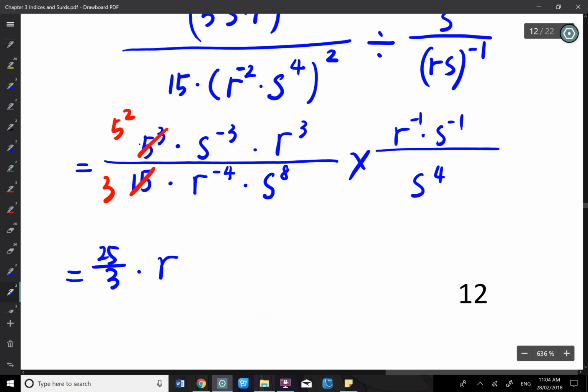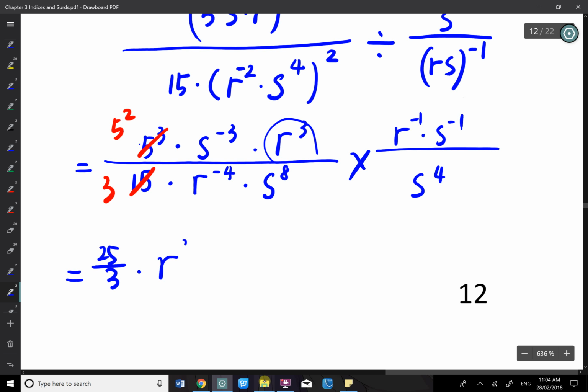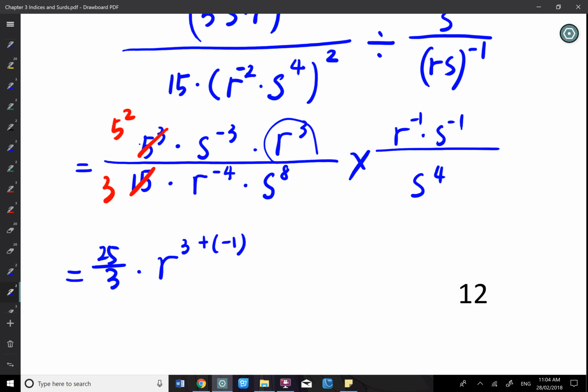So we go r first. On the top is a times relationship. On the bottom is a divide relationship. I just look at the pure power. The first one we got is r to the power of 3, times r to the power of negative 1. I will add the power of negative 1. Same base, the powers are added when you multiply. And then look at the bottom.